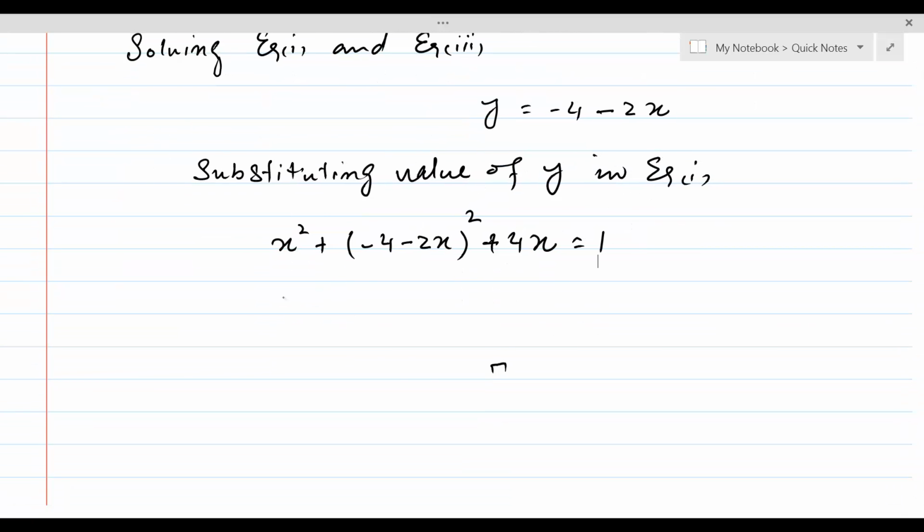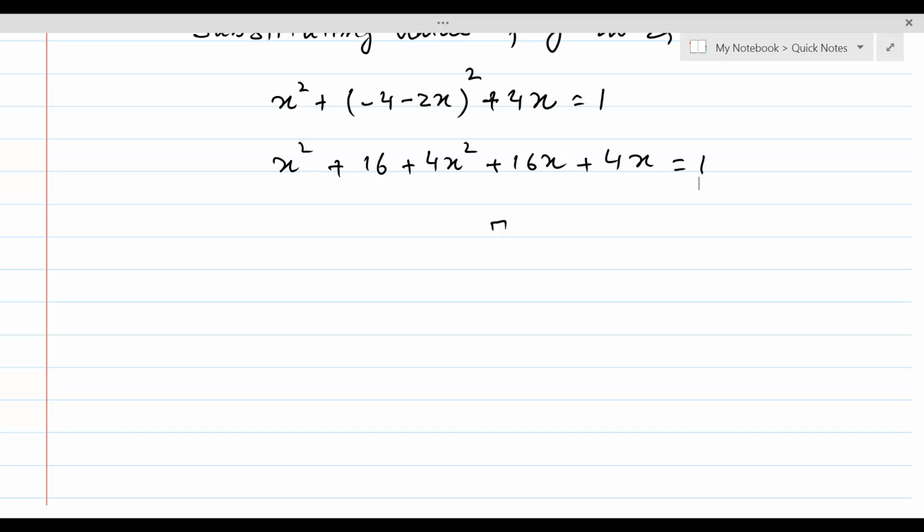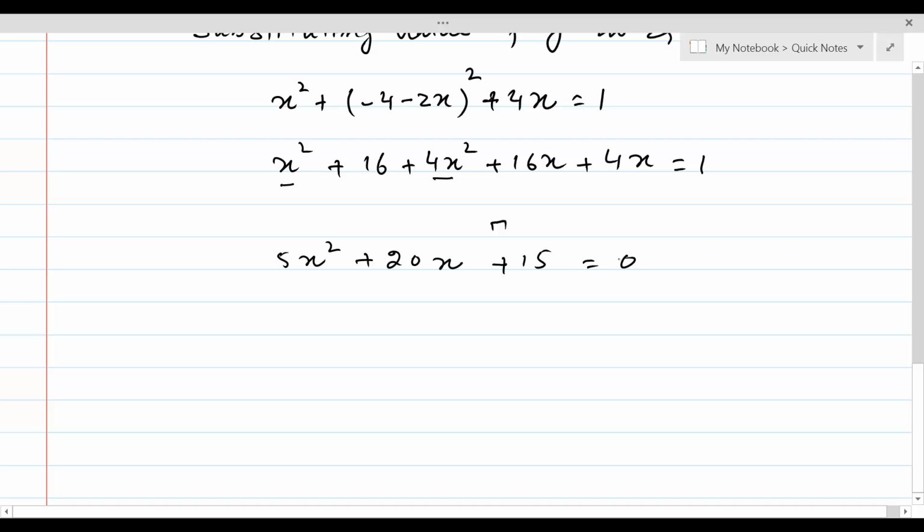And now we will open this up: x square plus 16 plus 4x square plus 16x plus 4x again equal to 1. When you collect the like terms, 4x square and x square can be added, so this will become 5x square, and 16x plus 4x will become plus 20x, and when transferred to this side will become plus 15 equal to 0.